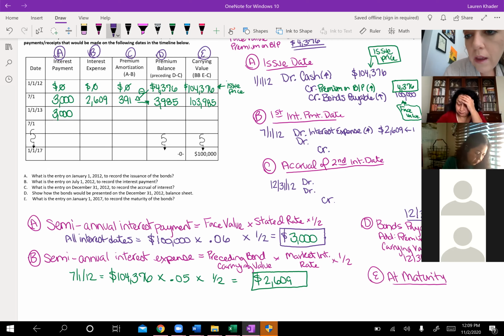From column B, we're going to debit premium on bonds payable, reducing our premium for 391, column C for that amortization, and we're going to credit cash because we're paying out interest on this date for $3,000 from column A.